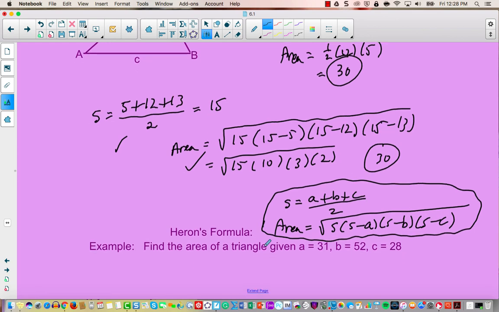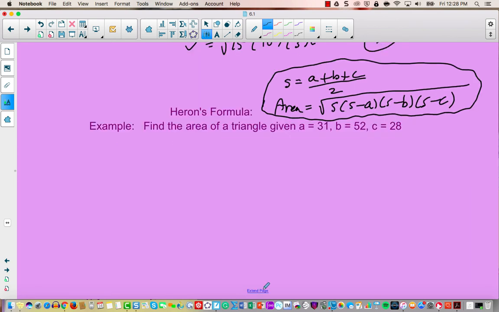And so let's go ahead and figure one of these out using this formula. Pause the video actually and try this, and then when you've got something, you can come back and try it. So first, now that you're back, did you compute S as 31 plus 52 plus 28 all divided by 2?